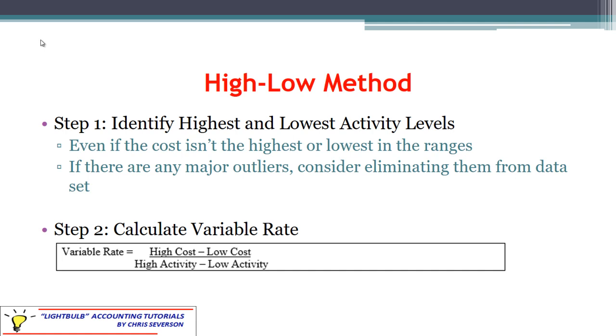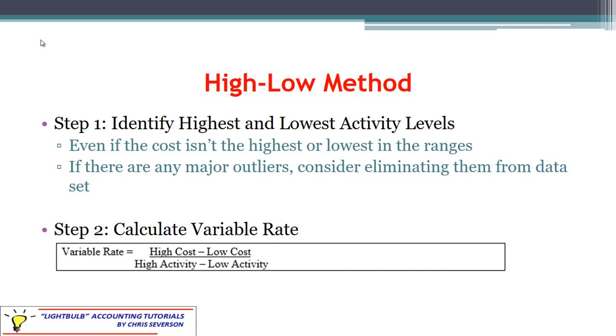Now, generally speaking, your highest activity level will probably be your highest cost, and your lowest activity level will probably be your lowest cost. However, that doesn't always hold true, and to be honest, we don't care about it. We are concerned with pulling the highest activity level and whatever cost corresponds to it, and the lowest activity level and its corresponding cost.